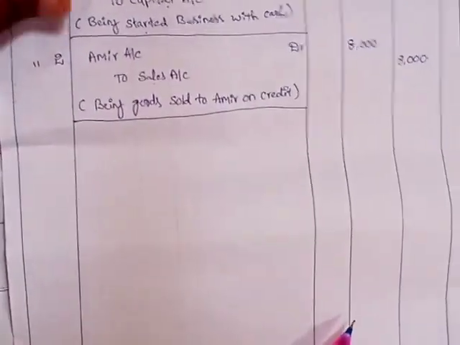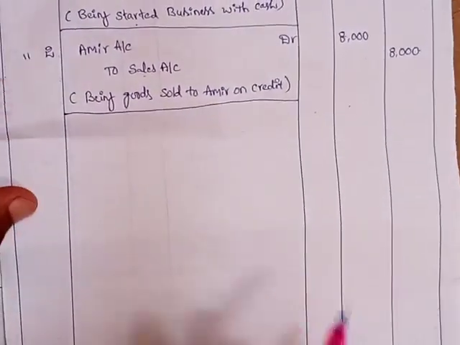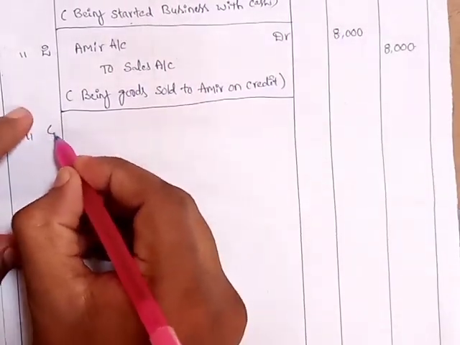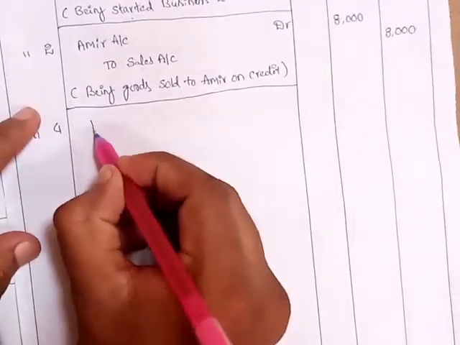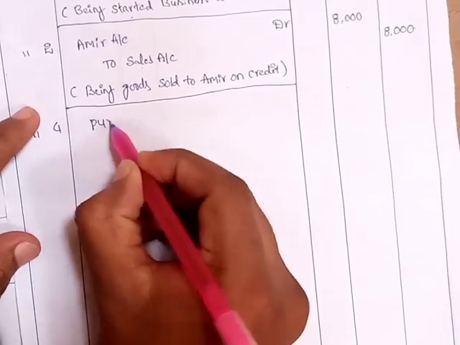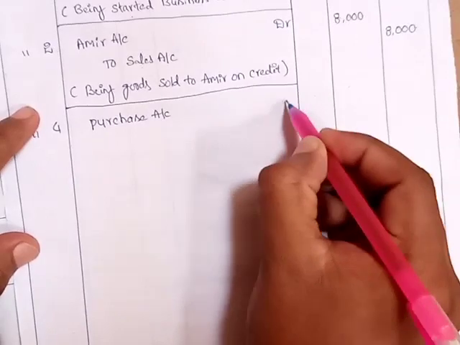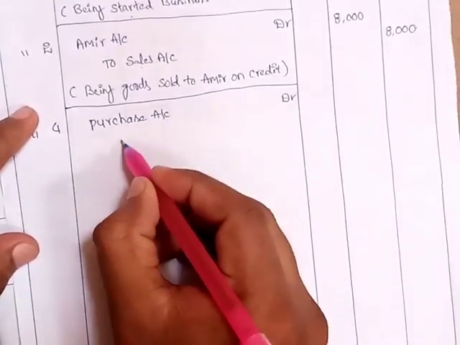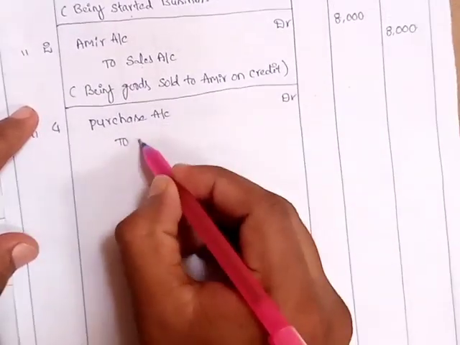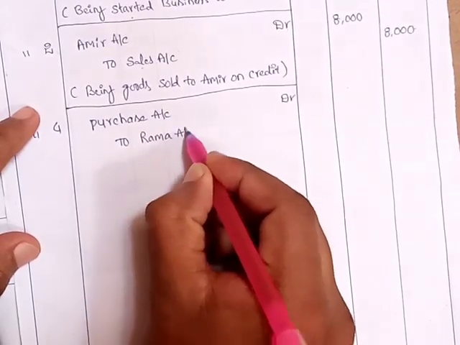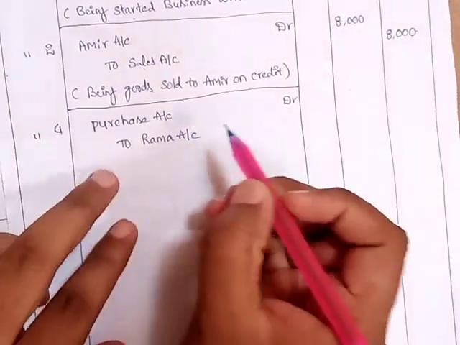So entry is, what is the date? April 4, purchase account, debtor to Rama account.